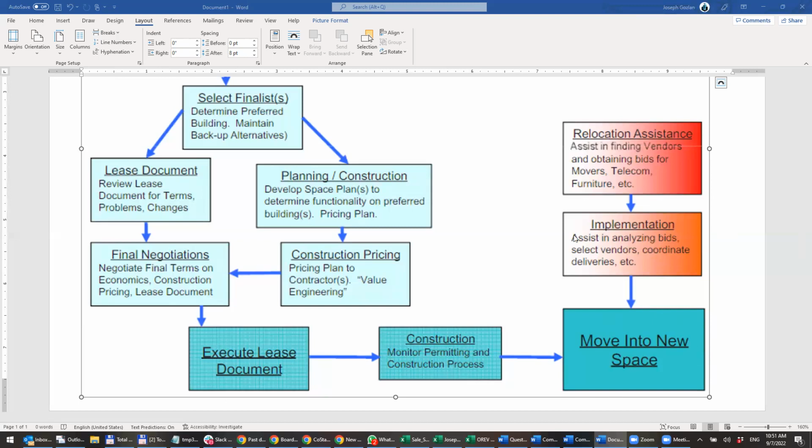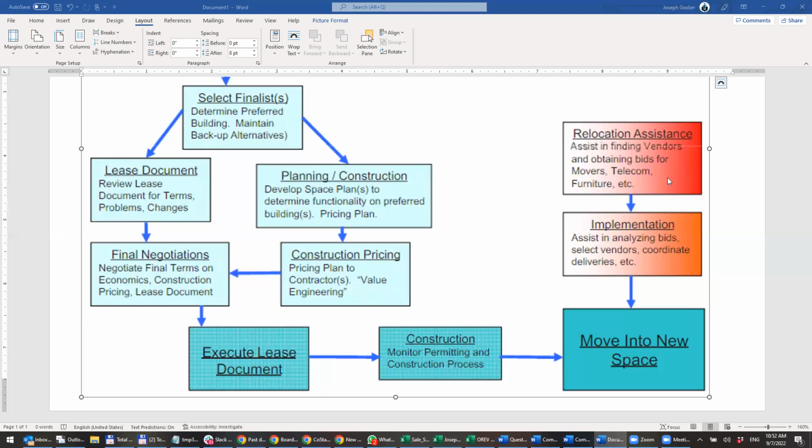The relocation assistance and implementation assistance, these are things that are not part of the leasing process, but they are part of customer service. If your client is opening a branch in, let's say, Dallas, Texas, but they're from California, they might need some help finding vendors or getting bids or meeting a vendor at the space to open the door and show them around and so on.